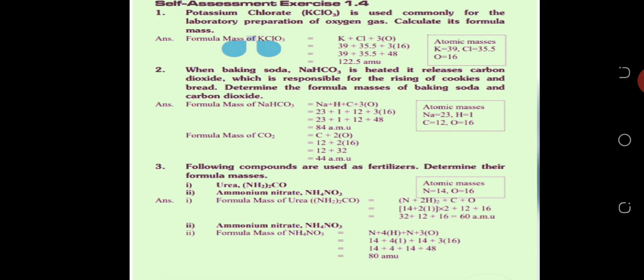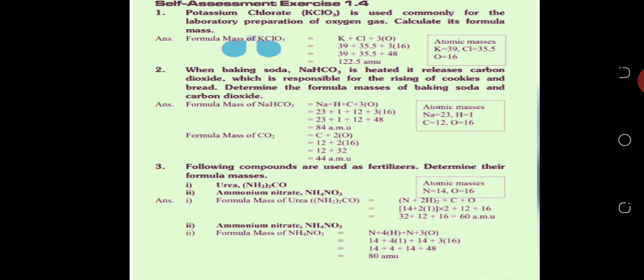Now in question number 3, the following compounds are used as fertilizers; determine their formula masses. As you know, urea is NH2 diamine carbonate and ammonium nitrate is NH4NO3. Formula mass of urea, NH2 diamine carbonate, we will get 60 AMU.